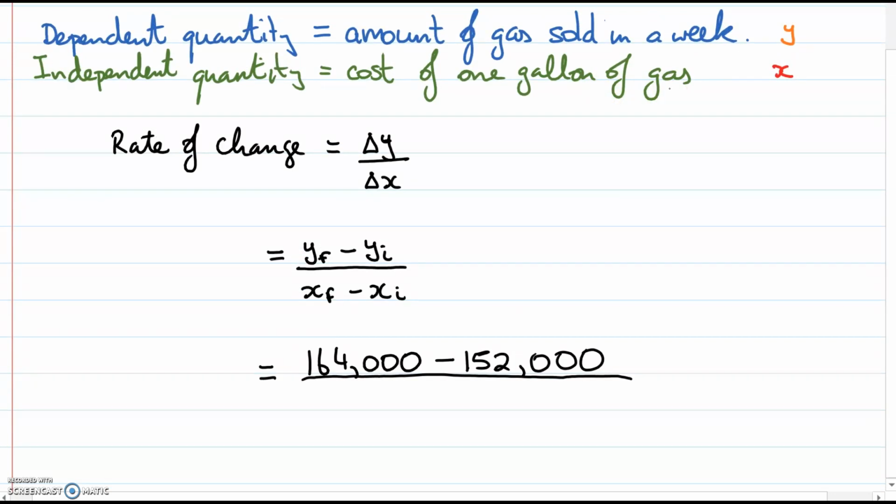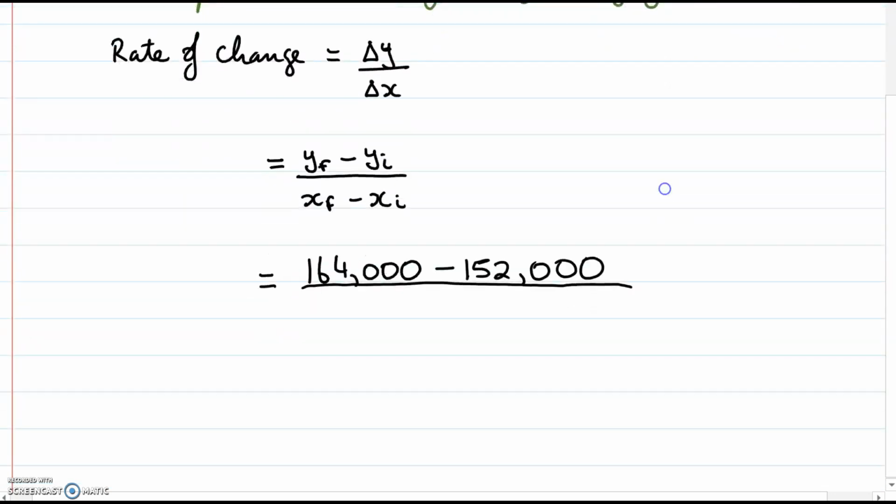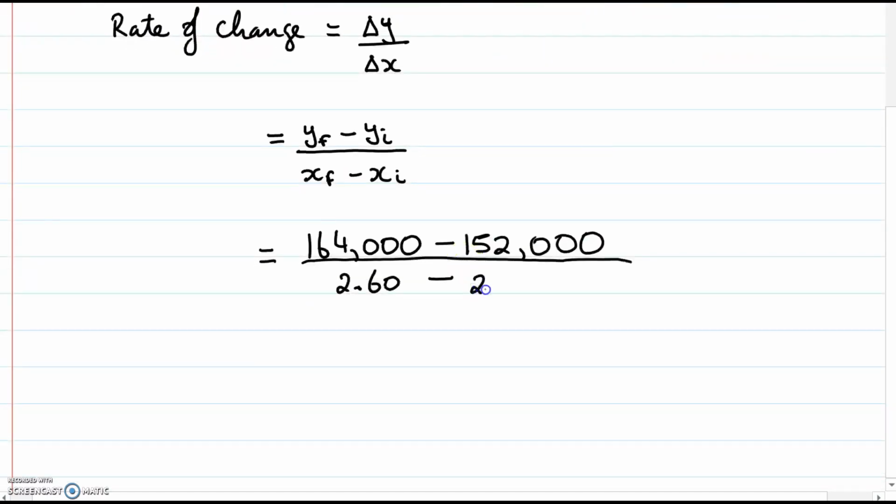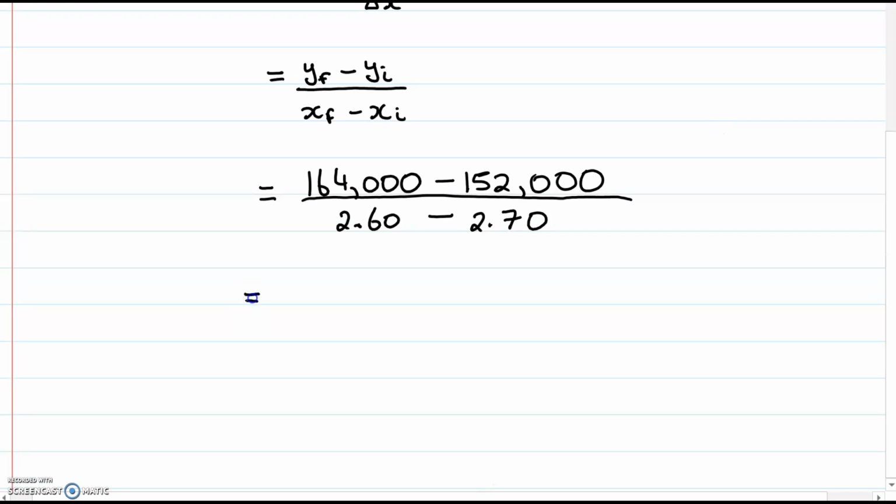In the final week, F standing for final, the cost of a gallon of gas was $2.60, minus, in the first week, X I, X initial, the cost of gas was $2.70.